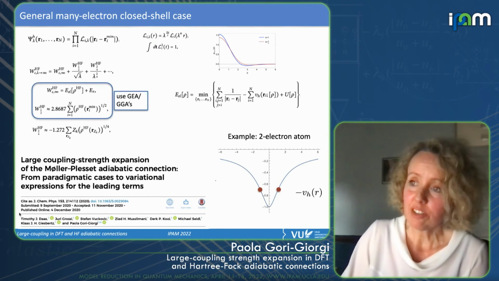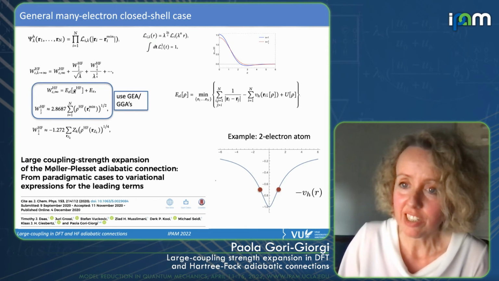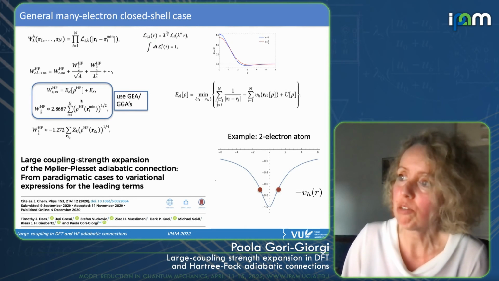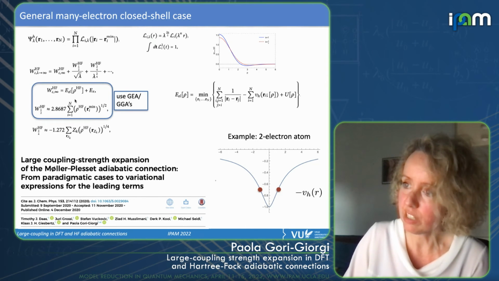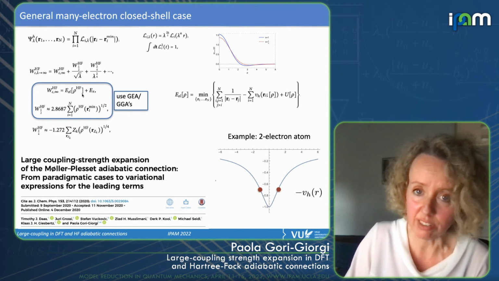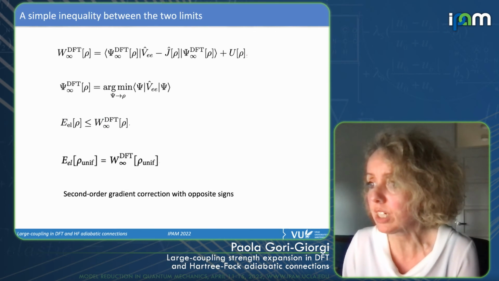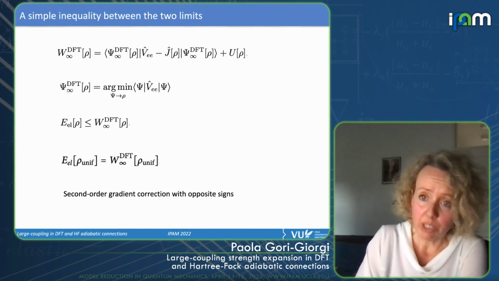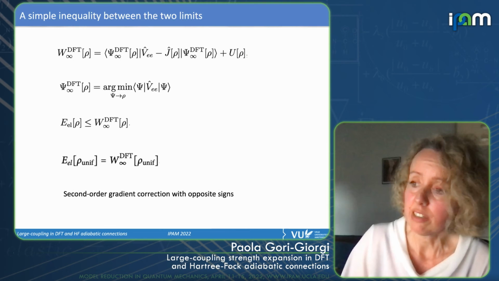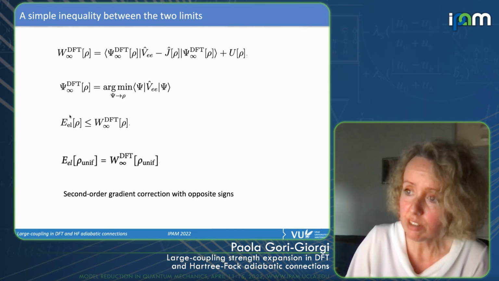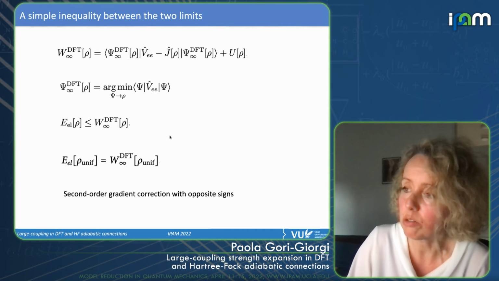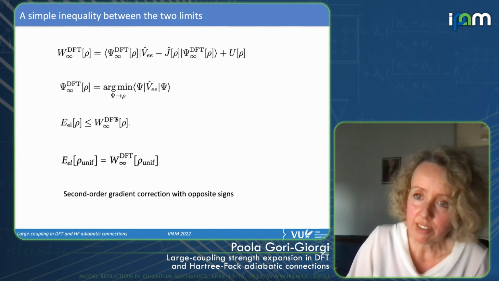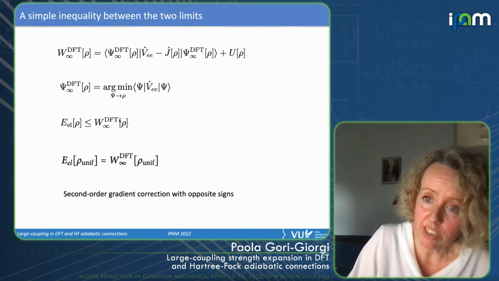And of course, at the end, we don't want to do this electrostatic minimization each time. So what we will do again is to use gradient expansion or generalized gradient expansions for these functionals. Okay, just very quickly, I'd like to mention a simple inequality. So this electrostatic functional, you can show, and that's quite easy to see, will always be a lower bound for the DFT one, so the strictly correlated electron one.